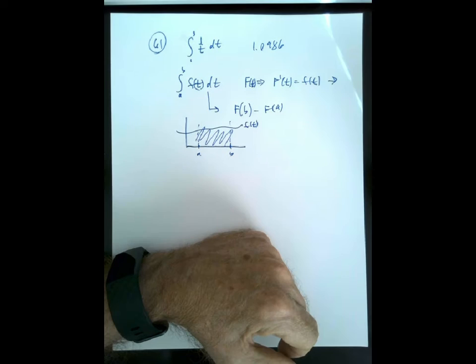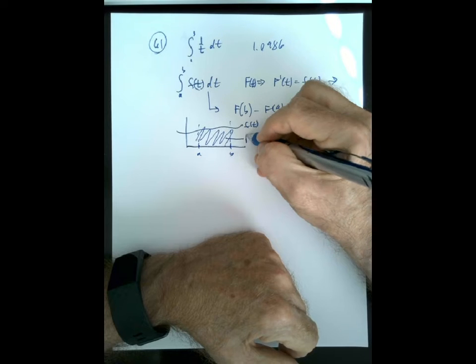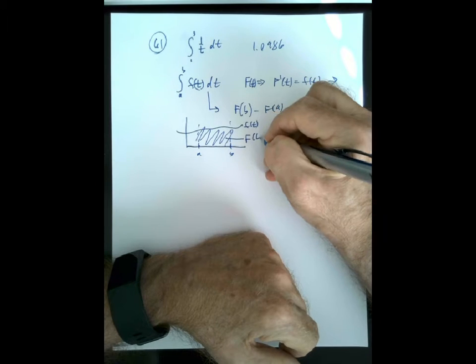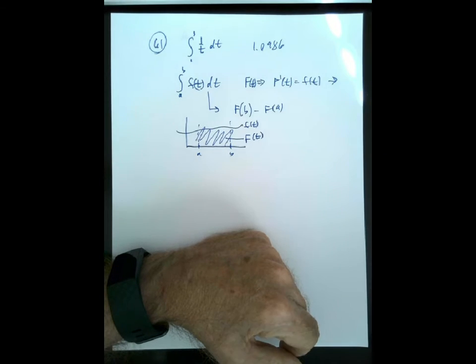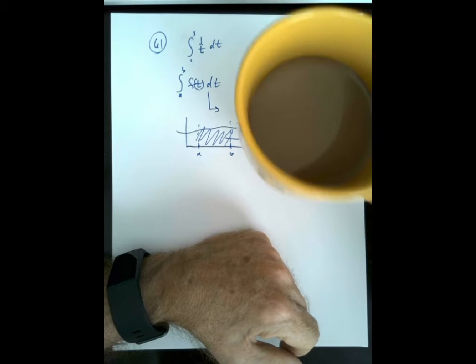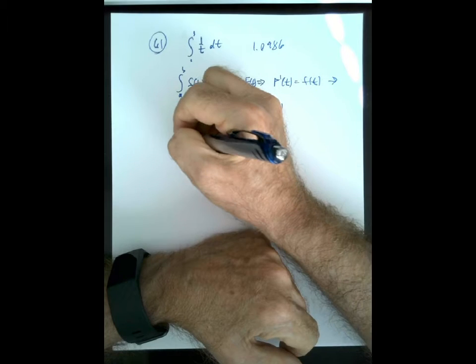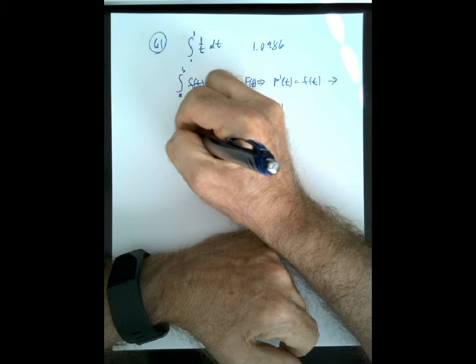That's the number that we want, that area. Because the area above the curve is the derivative of the area under the curve. It's the rate of change of it, right? Kind of where we started out this whole integral business.